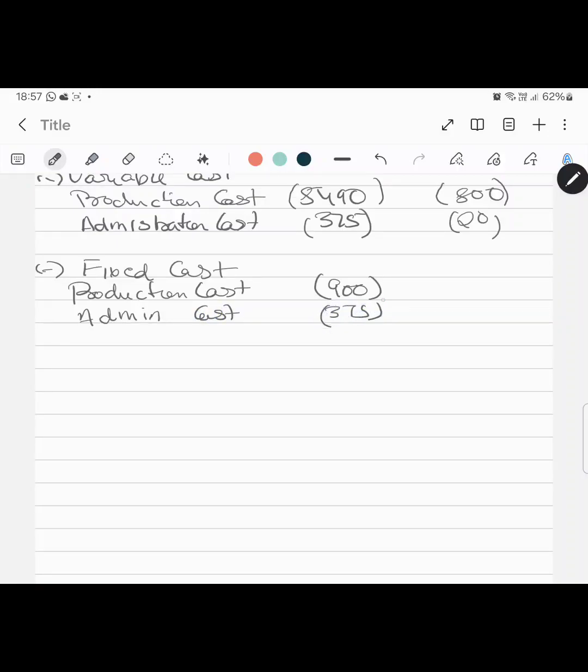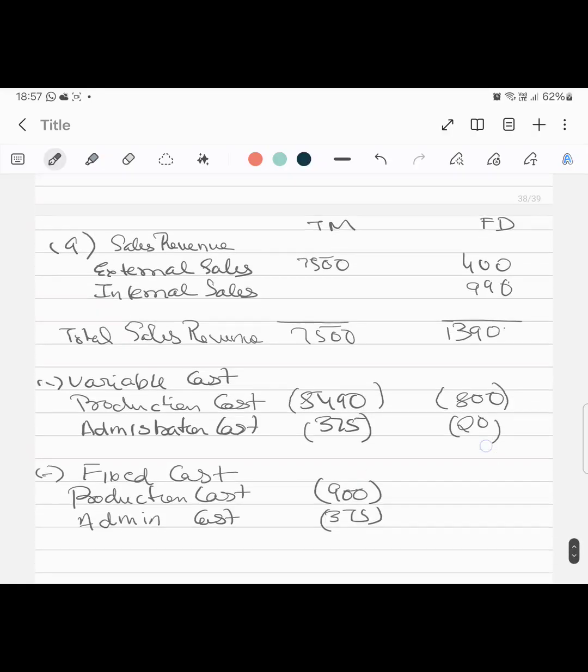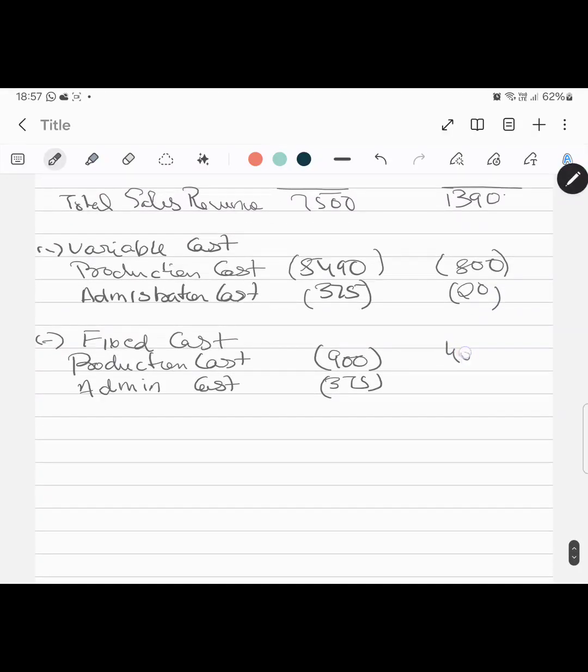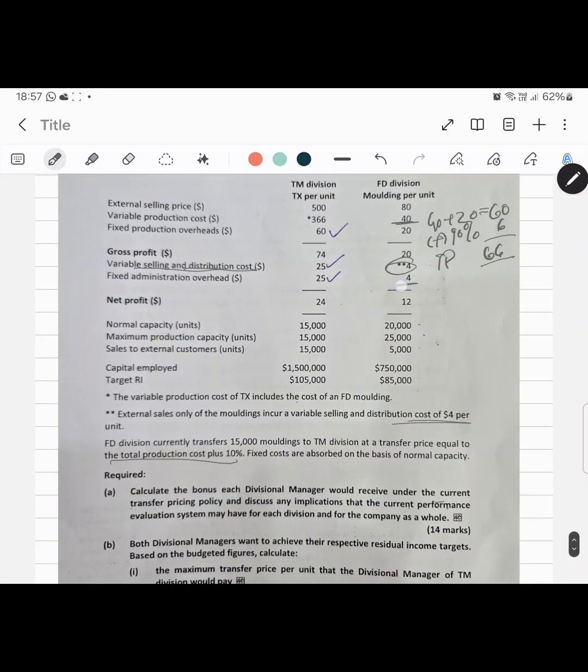Now let's come to division FD. For FD, fixed cost is 20 into 20,000, that is 400, and 4 into 20,000, that is 80.